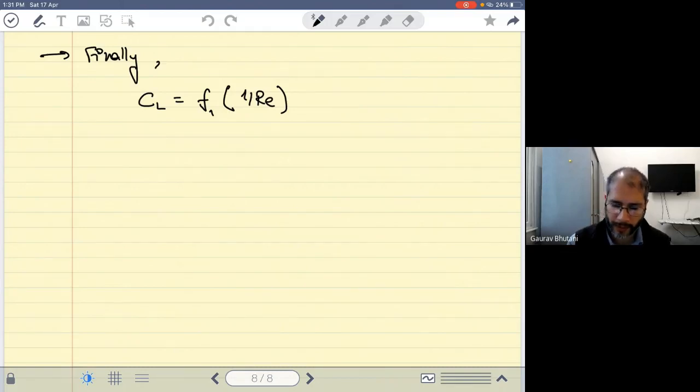Or I could simply write a function of RE, because if something is a function of 1 by RE, it's also some other function of RE. So I can say that CL is a function of RE.